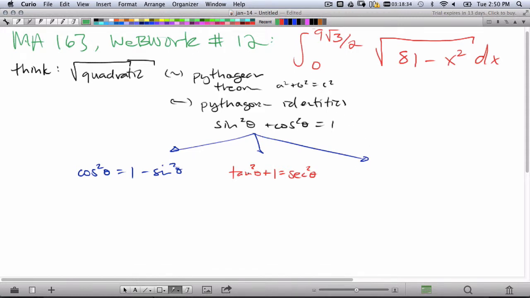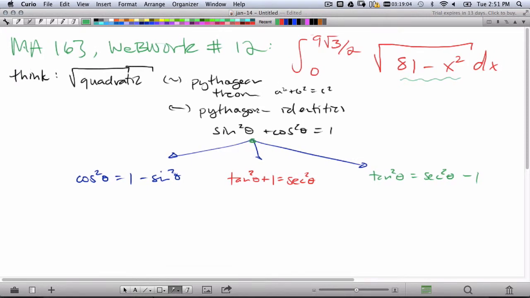And then if we take this red one and subtract 1, we get tangent squared equals secant squared theta minus 1. So we have blue, red, and green. Each of these is really the same Pythagorean trig identity in its own unique form. One of these is going to be substituted in for this 81 minus x squared.